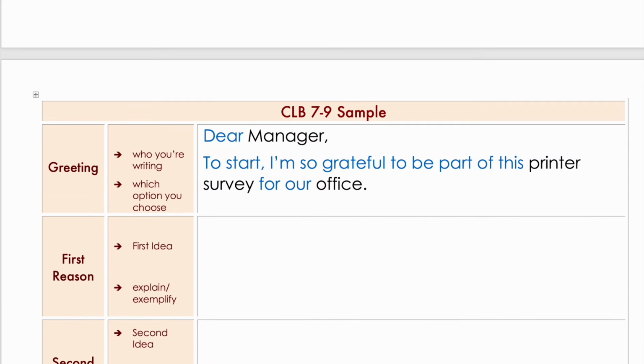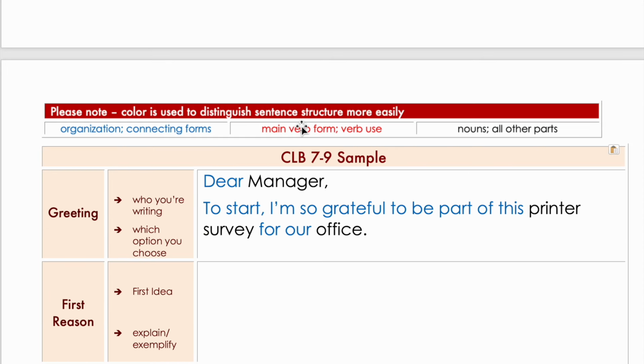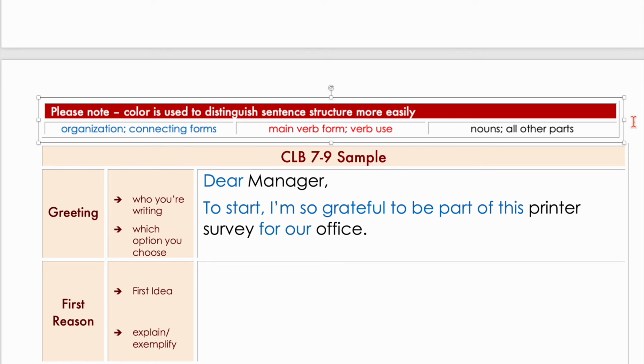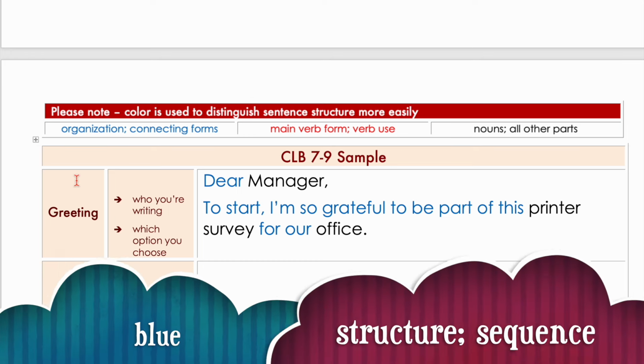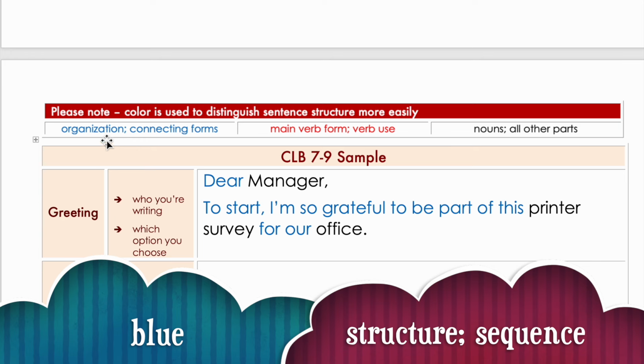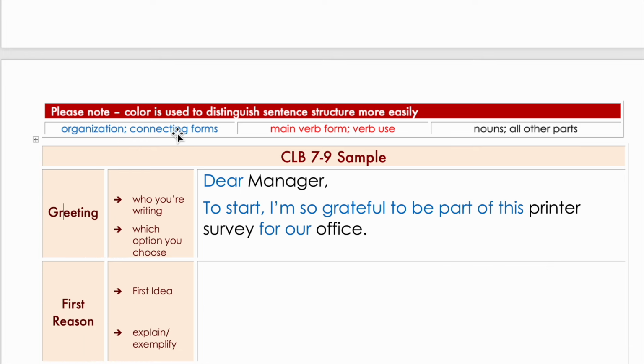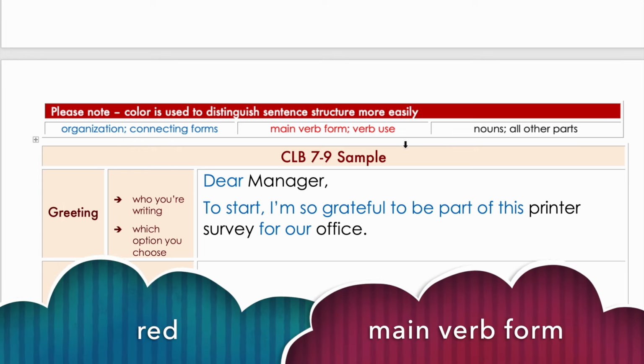Okay, everyone, I just want to remind you that I usually put all of our forms in different colors, okay? So for example, the structure and organization of ideas, I usually put those in blue, main verb form in red, and every other part in black.